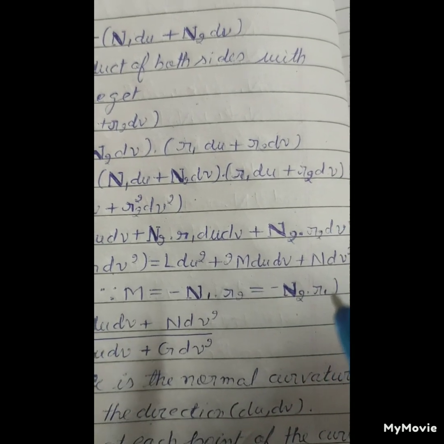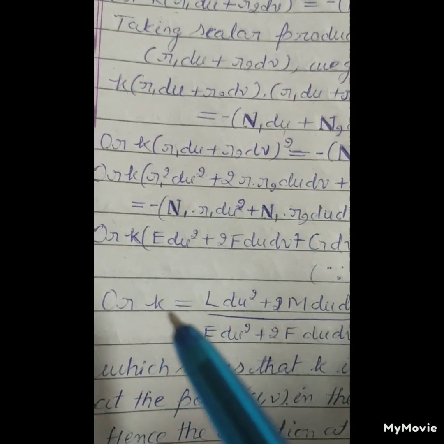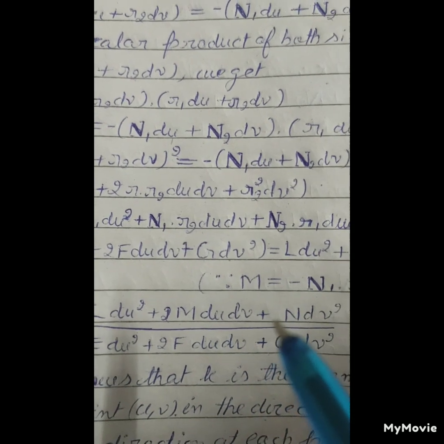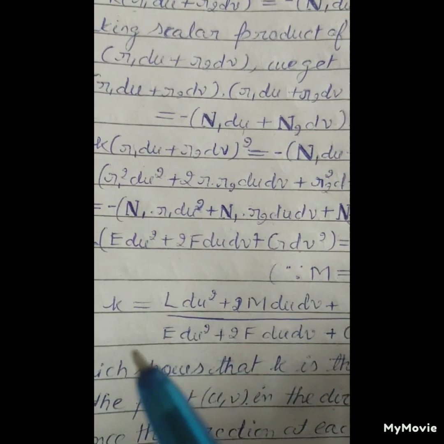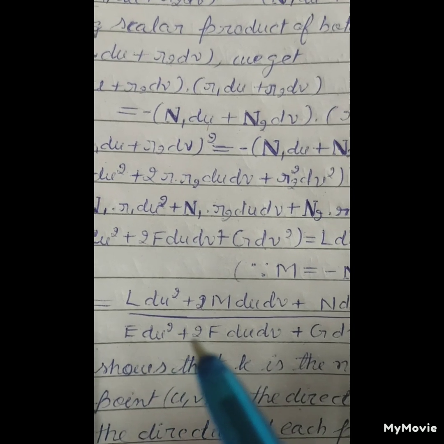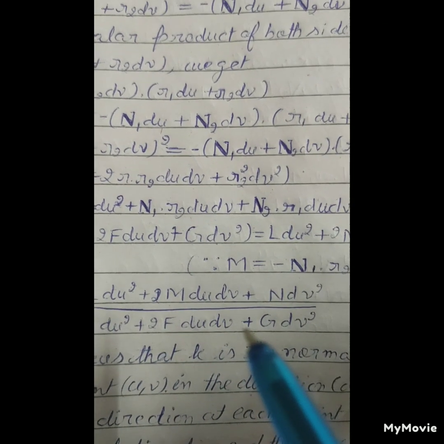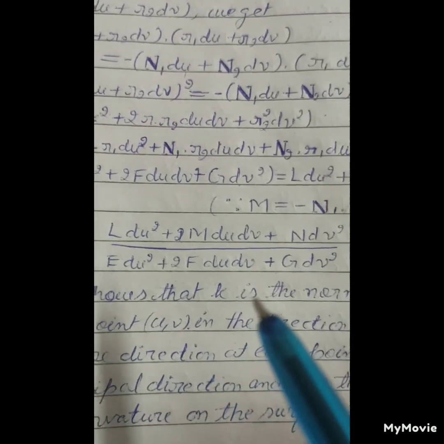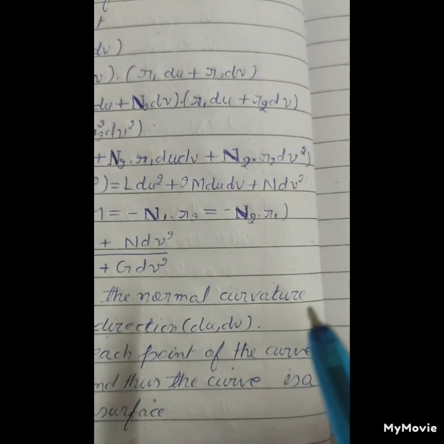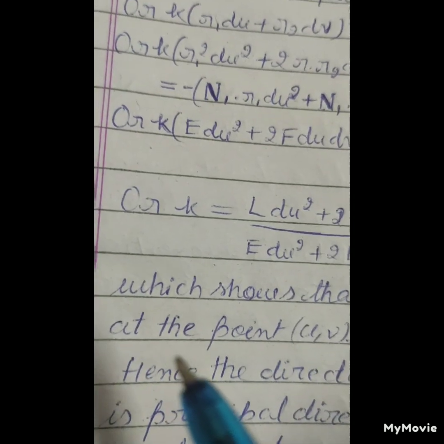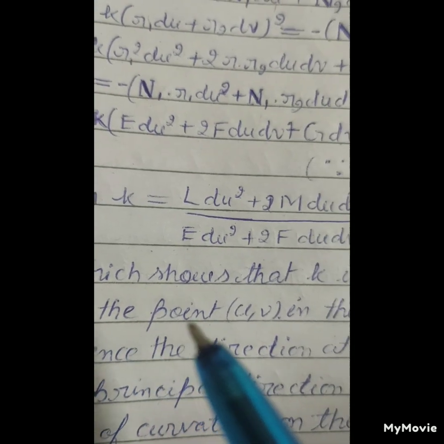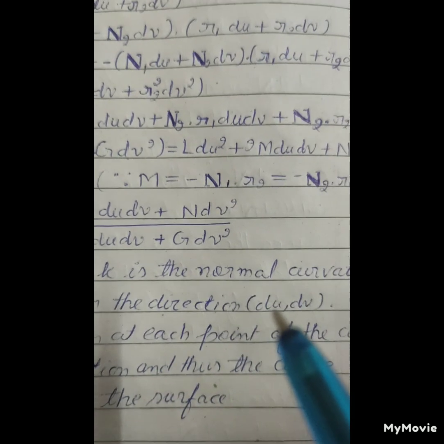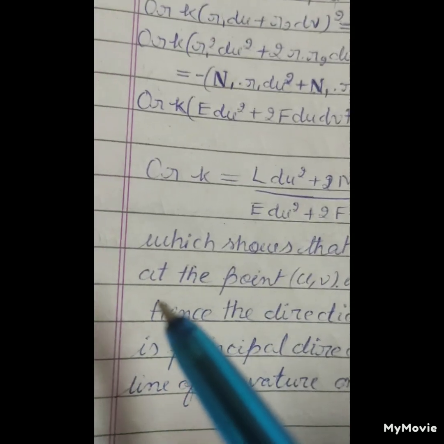Or K equals (L du squared plus 2M du dv plus N dv squared) upon (E du squared plus 2F du dv plus G dv squared), which shows that K is the normal curvature at the point u, v in the direction du, dv.